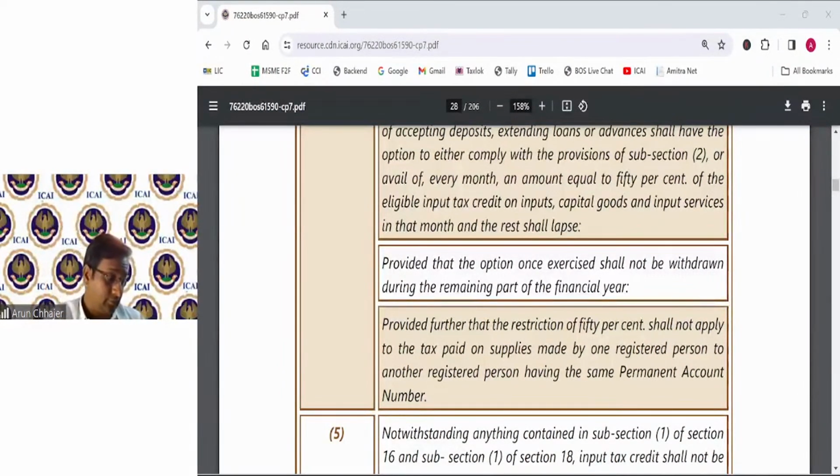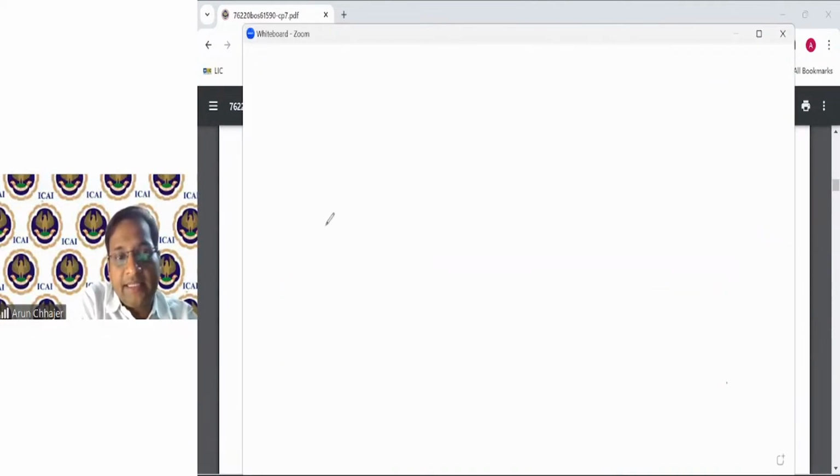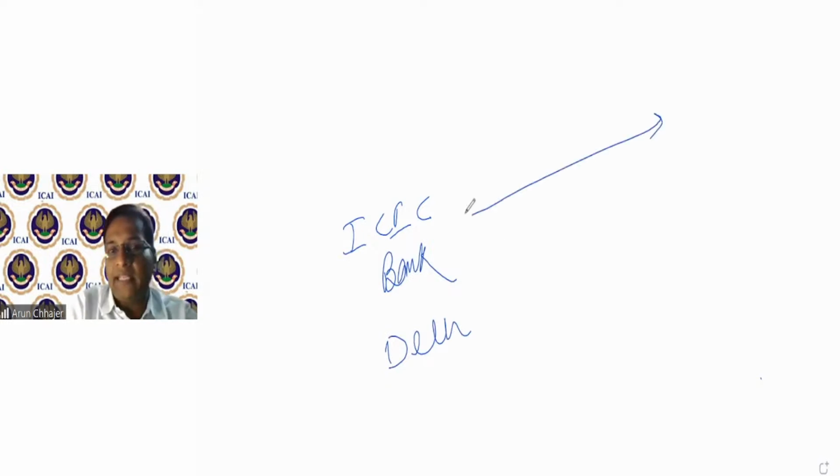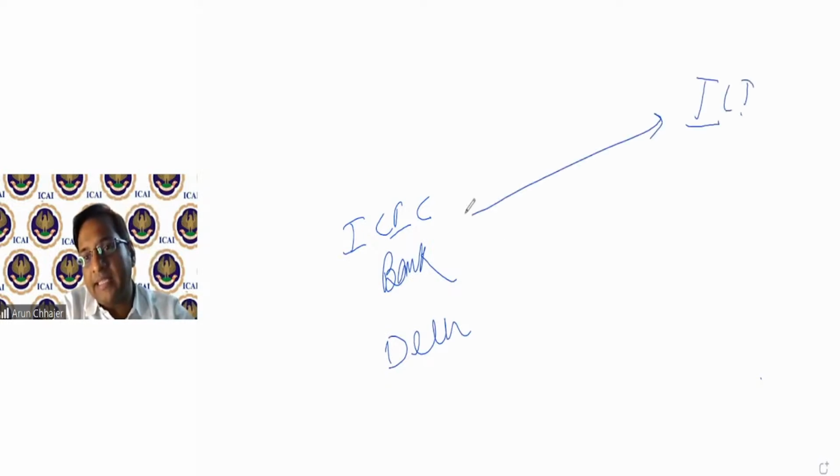Now suppose, give me the answer to this practical problem. ICICI Bank, let's say located in Delhi, is raising one tax invoice to ICICI Bank, Mumbai, having a tax component of 20,000.